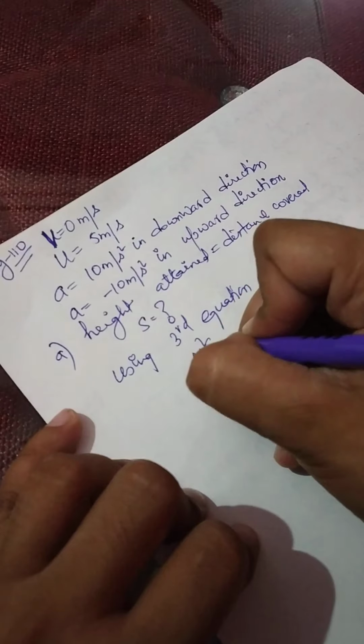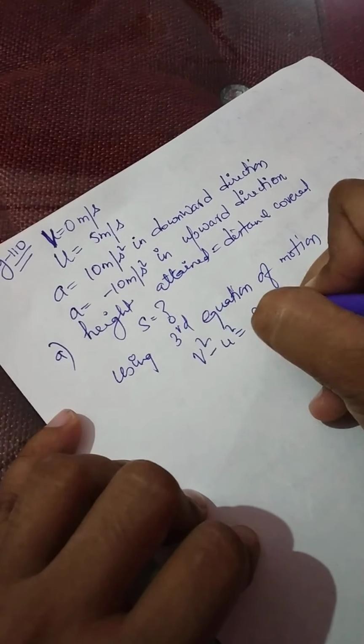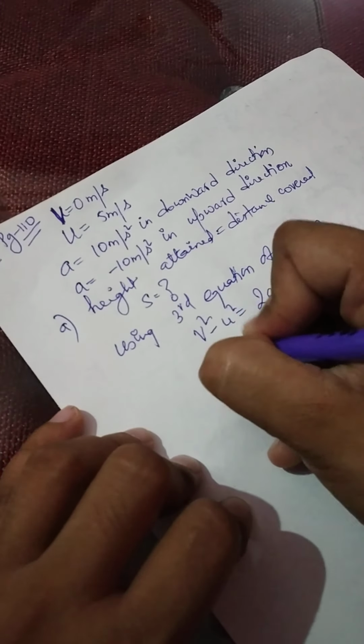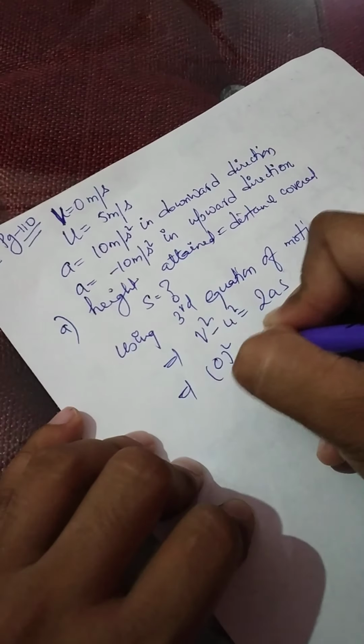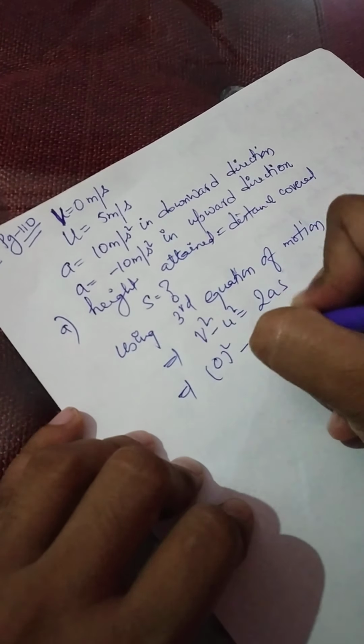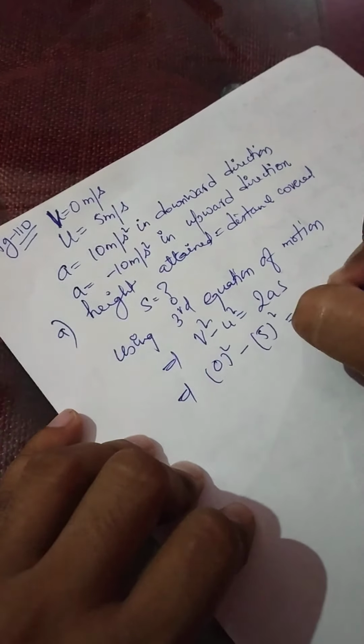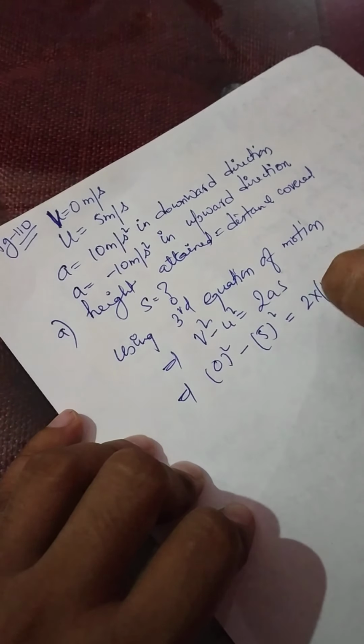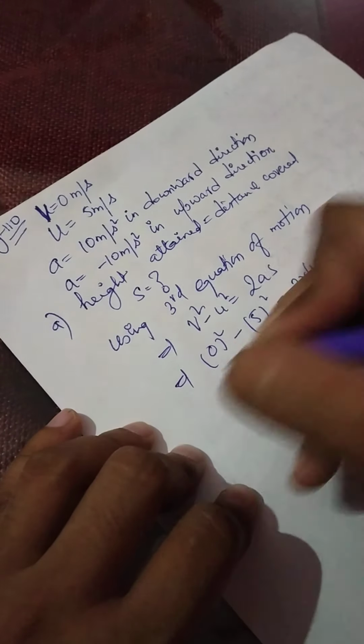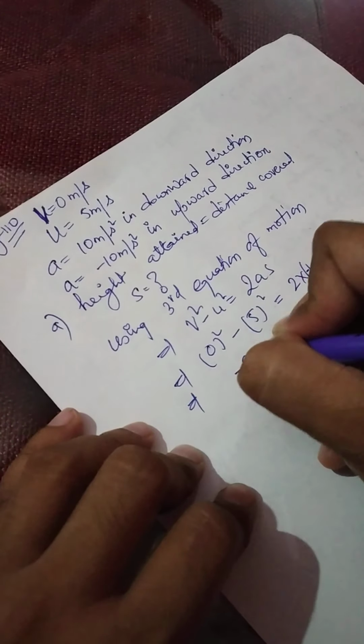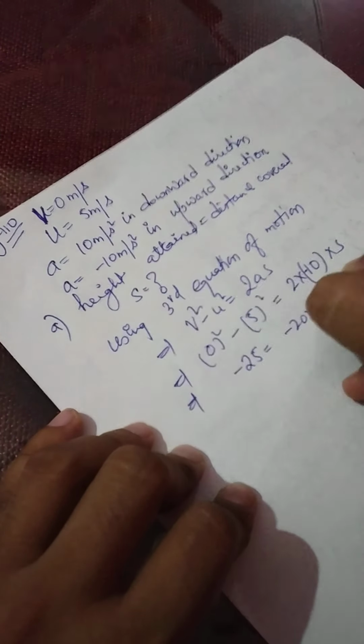We have v square minus u square equals 2as, that is 0 minus 5 square equals 2 into minus 10 into s, that is minus 25 equals minus 20 into s.